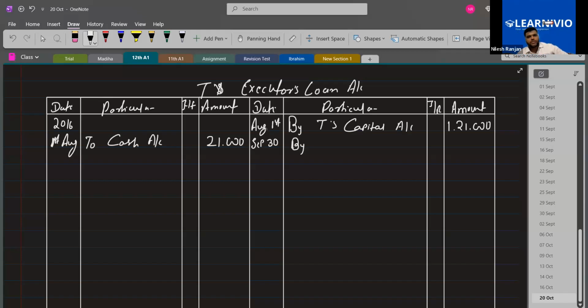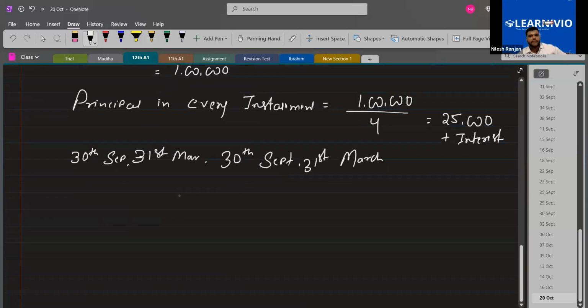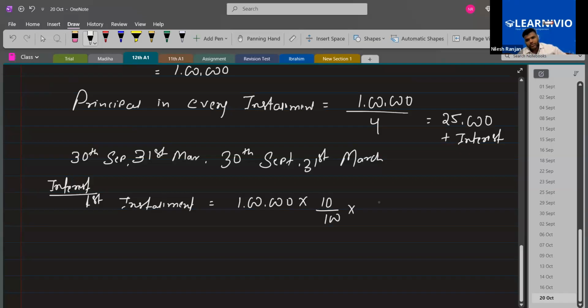So from August 1st to September 30th, there will be 2 months of interest calculation in the first installment. Interest on the first installment will be 1 lakh balance into 10% into 2 by 12.